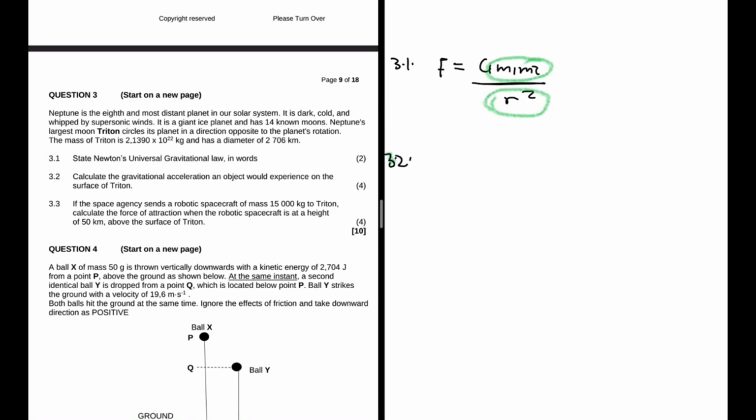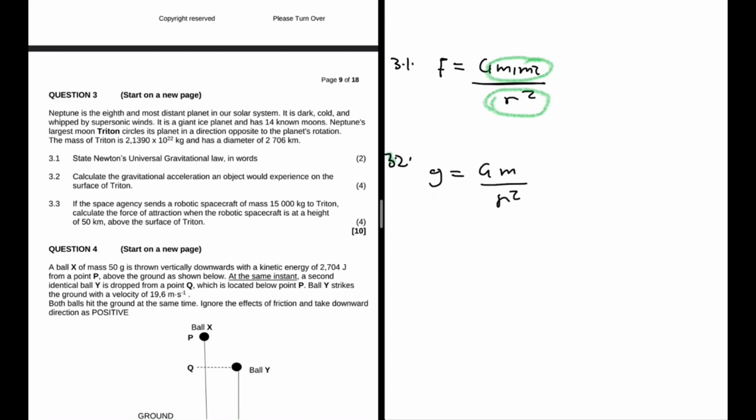3.2 says calculate the gravitational acceleration an object will experience on the surface of Triton. So we want the gravitational acceleration. What is the formula for the gravitational acceleration? This is one of those formulas that you will most likely forget, right? But the gravitational acceleration will be equal to G m divided by r squared.